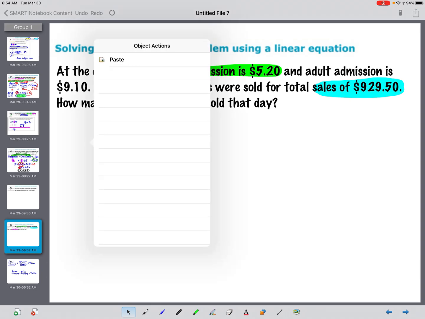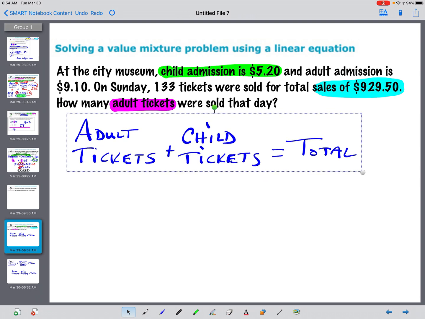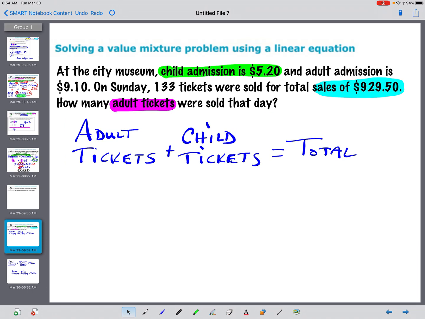All right, one thing that we know we can start off with is labels. We have adult tickets, we have child tickets, and we have a total. The thing we have to keep in mind here is the cost for each one of these things. With adult tickets being $9.10, we're going to need to factor that in because our total is in money.